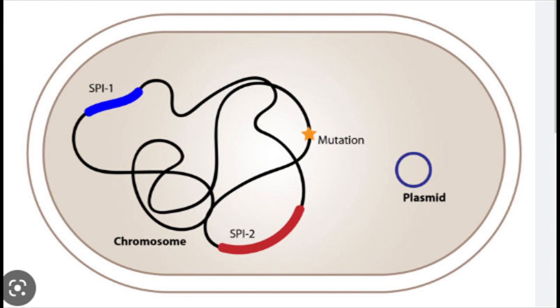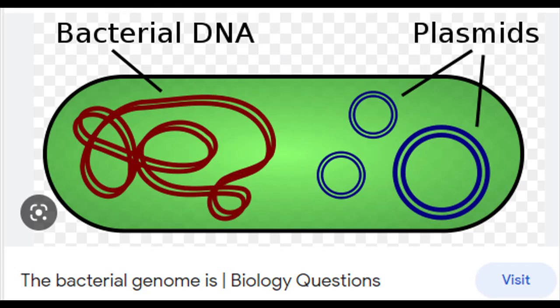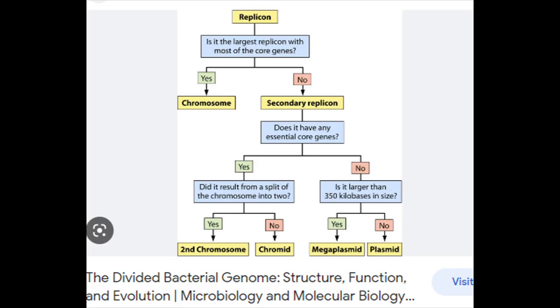The location can be central, where the spore is located in the center of the bacterium. The shape is shown now and projected. Then the spore can be terminal, like a protrusion, where it occurs at one end.